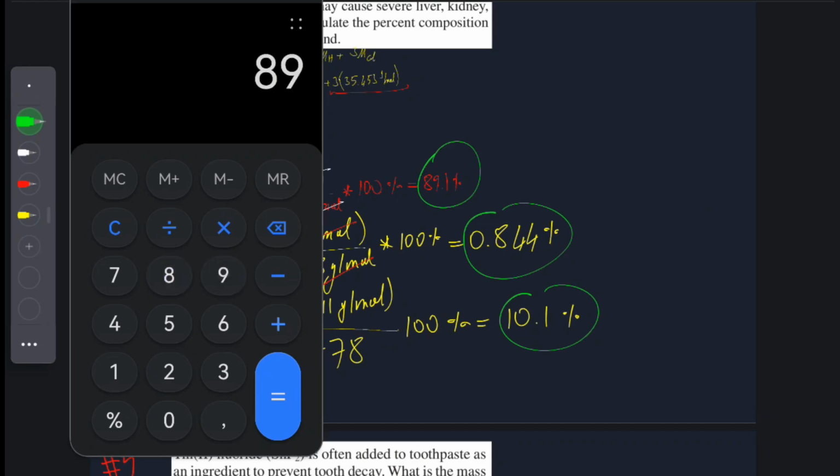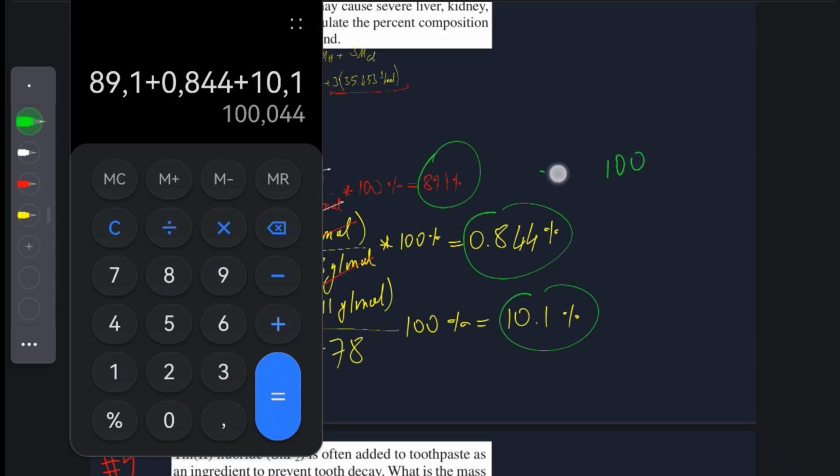So 89.1 plus 0.844 plus 10.1, so it is 100. As you see, my calculation is correct enough.